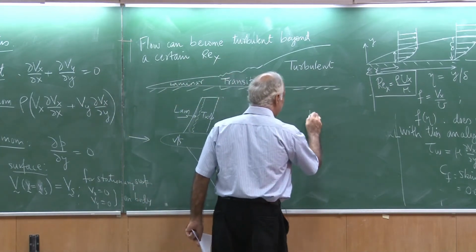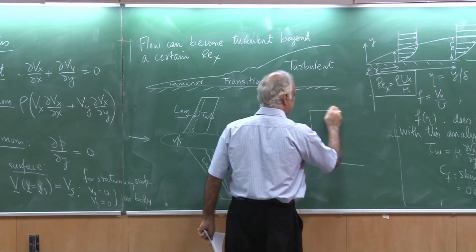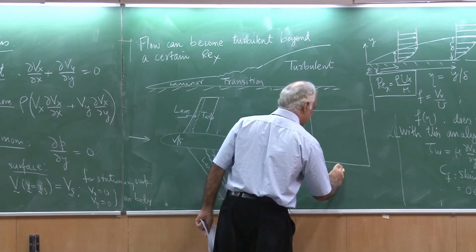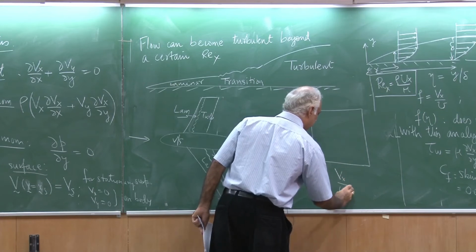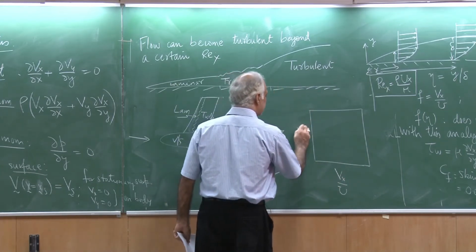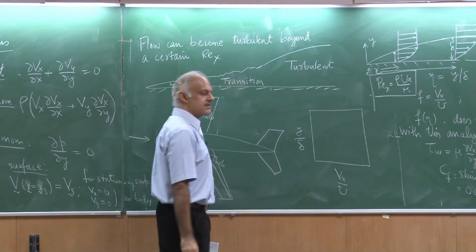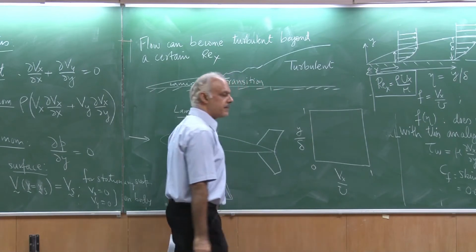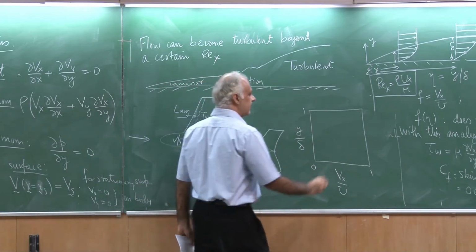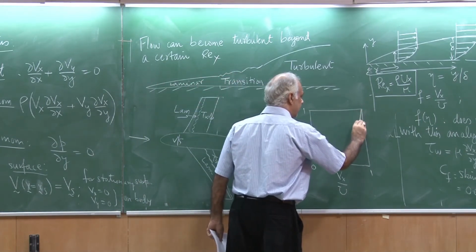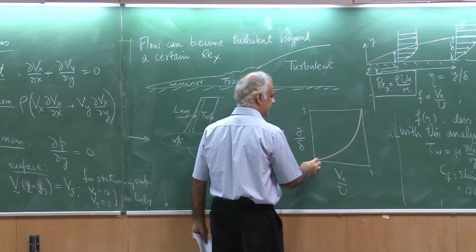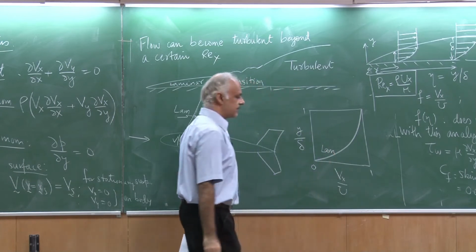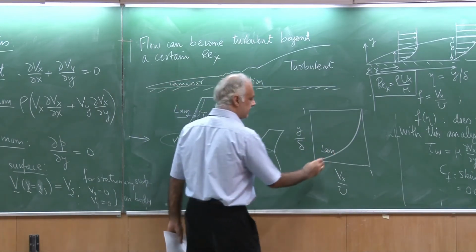If I tried to plot Vx by u versus y by delta, let us say this is 0, this is 1, this is 1. Then we have seen that for a laminar boundary layer, perhaps I would see a profile like this. So this is laminar, okay.